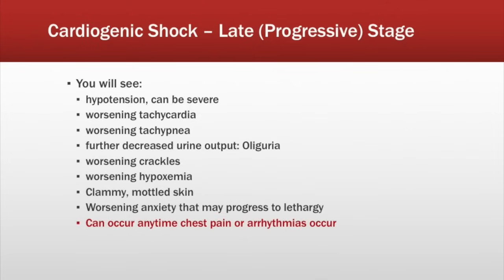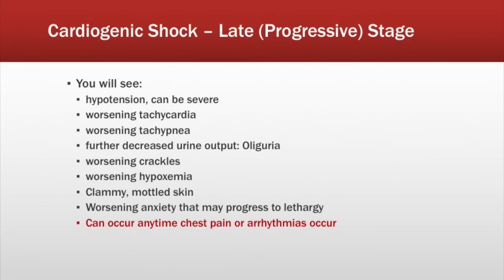stage of heart failure. So late stage, the progressive stage, you're going to see hypotension that can be severe, life-threatening, worsening tachycardia, worsening tachypnea, further decreased urine output. You're going to be oliguric or less. You can even be anuric.